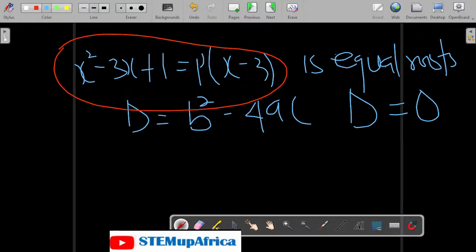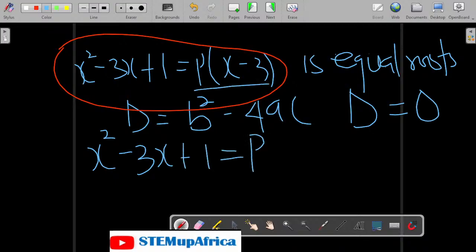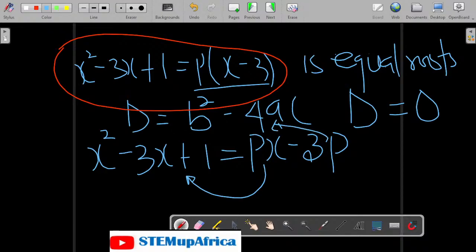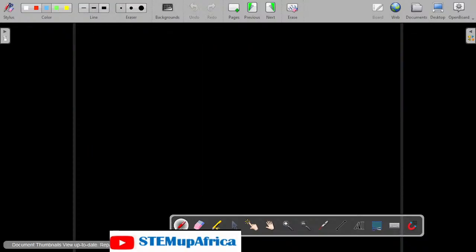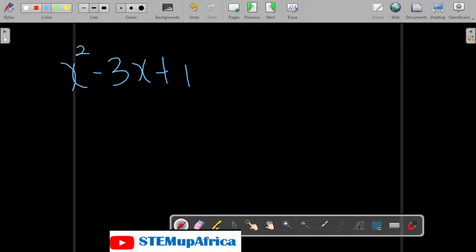I'm going to have x squared minus 3x plus 1 is equal to, I will open this bracket, that will give us px minus 3p. So all I need to do now is to collect like terms by transferring px and 3p to the other side. So I will have x squared minus 3x plus 1.